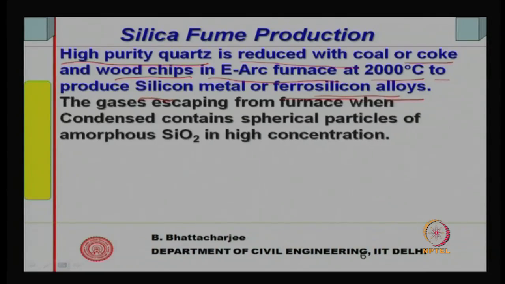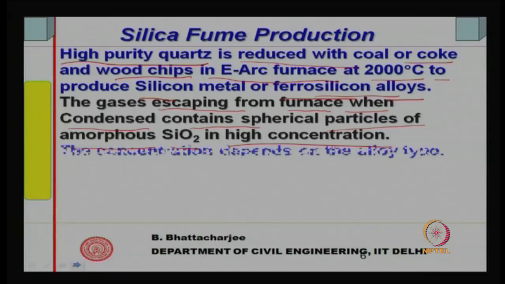Now, in this process some gases escape, and these gases escaping from the furnace, when condensed, contain spherical particles of amorphous SiO2 in very high concentration, and this concentration of course depends upon the alloy type.